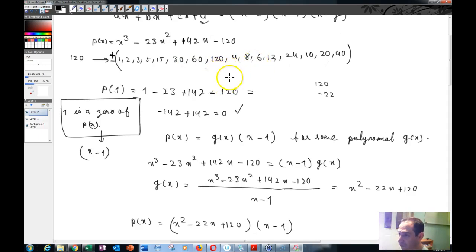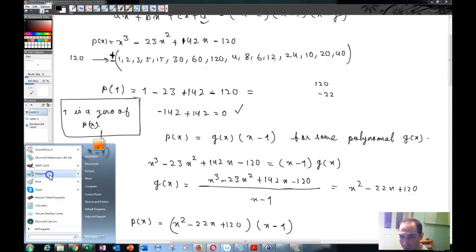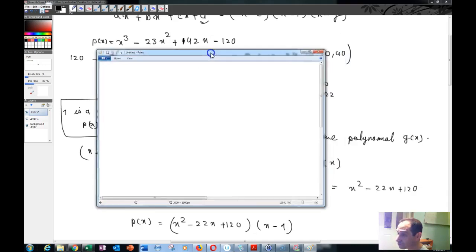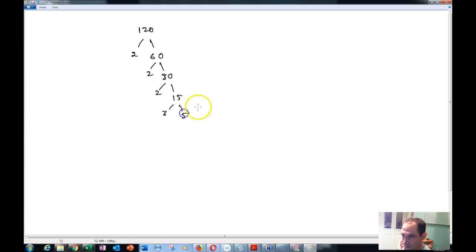I think we'll need to factorize this 120 one more time. Okay, so I write this. So you have 120. 2 times 60, 2 times 30, and 2 times 15, 3 times 5.